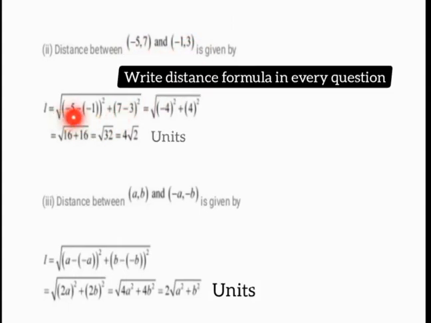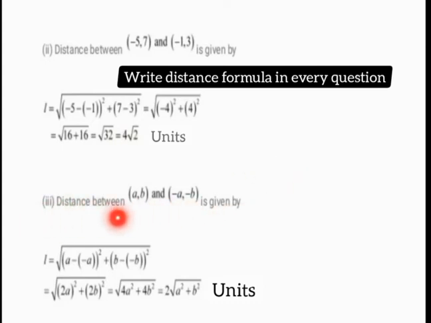This is minus 5 plus 1. Minus 5 plus 1 is minus 4, whole square, and 7 minus 3 is 4, whole square. Minus 4 whole square is 16. 4 square is again 16. 16 plus 16 is 32. After making prime factors of 32, you can write the square root of 32 as 4 root 2. 4 root 2 units is the distance.